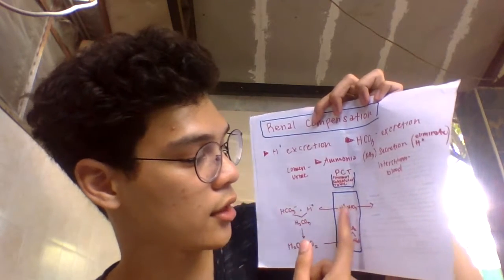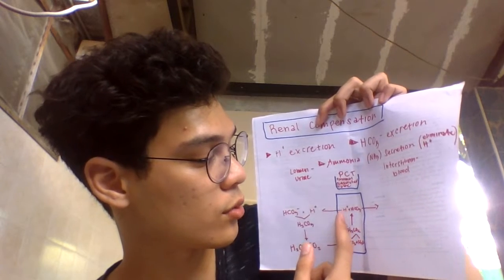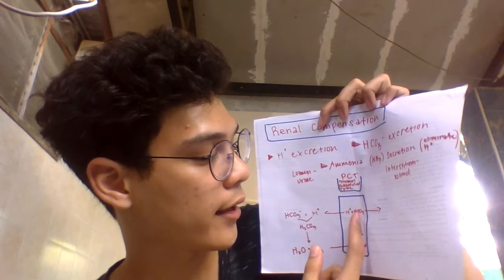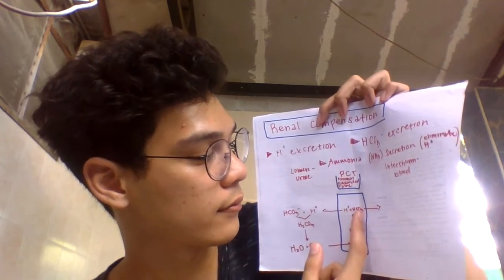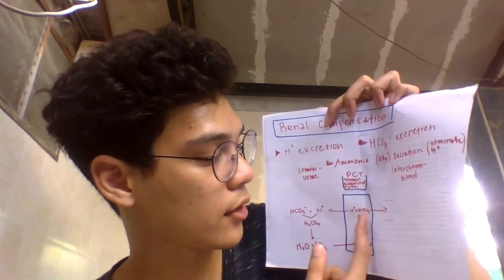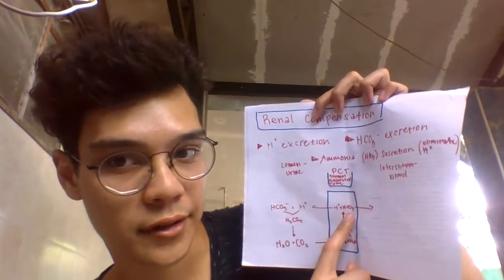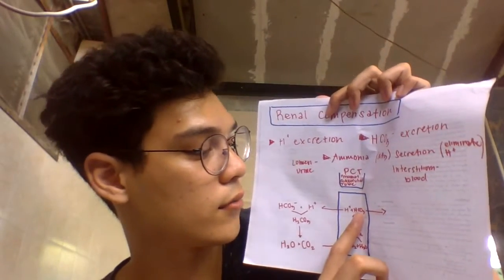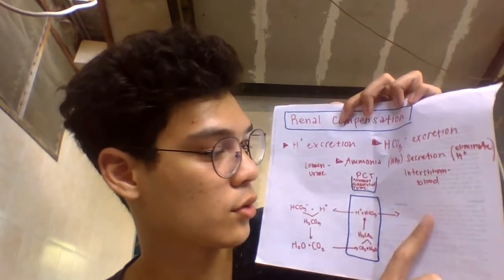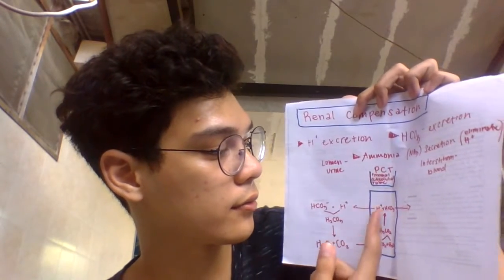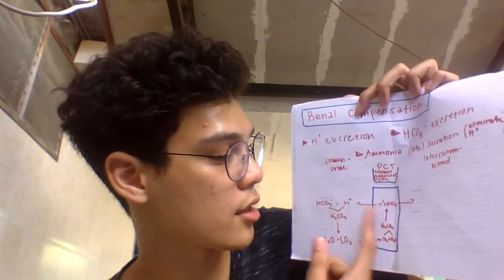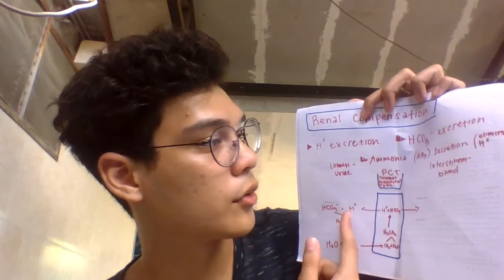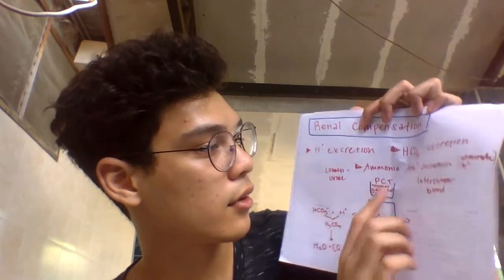is again dissociated into hydrogen ion and the bicarbonate ion here. So that happens, HCO3 is sent into the blood, and the hydrogen ion is sent back to the urine to be secreted.